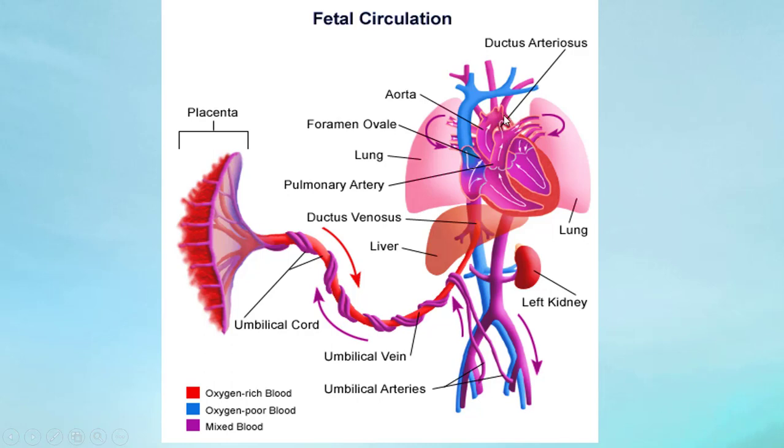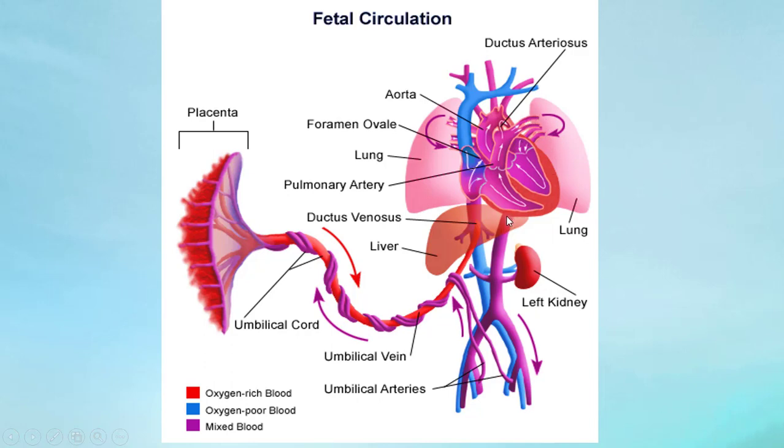Here the ductus arteriosus is present. Aorta contains oxygenated blood and this pulmonary artery contains deoxygenated blood. Again that blood gets mixed. Then that blood flows to the descending aorta.